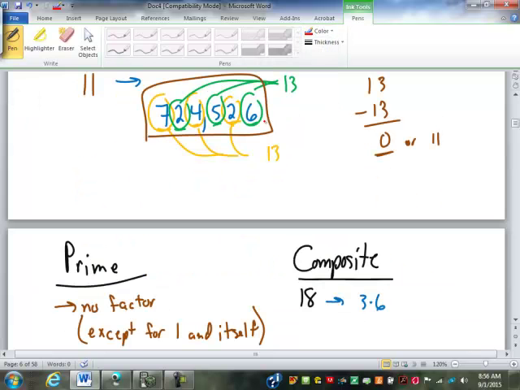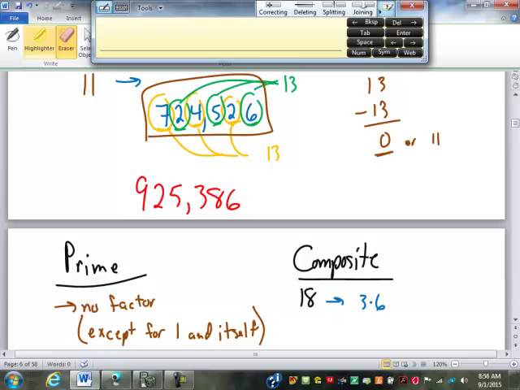So let's try another. Again, don't know what this comma is for, but it's okay.